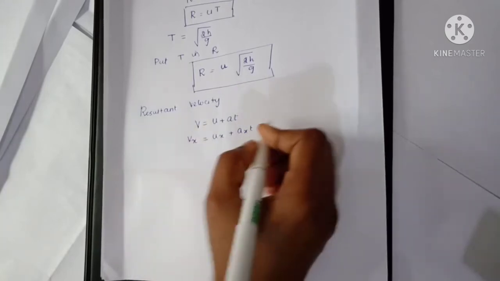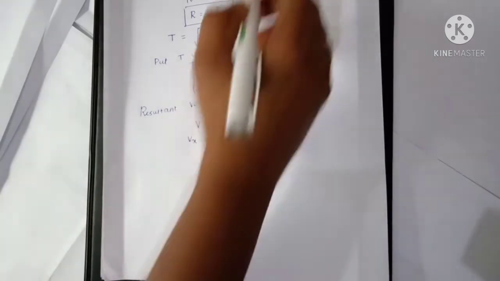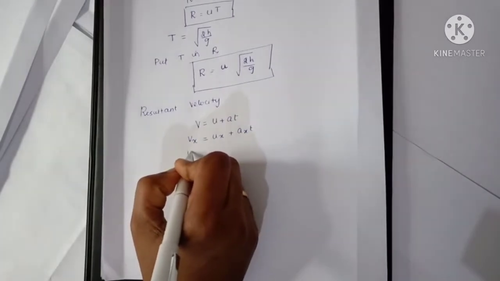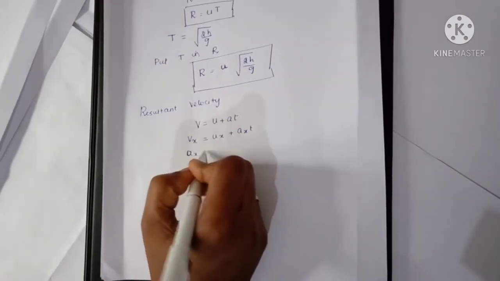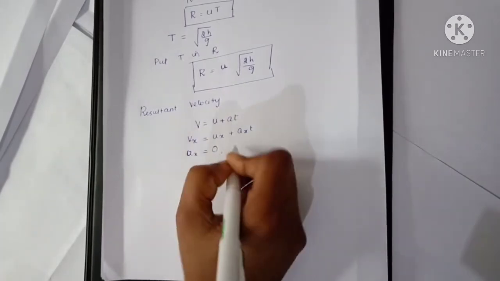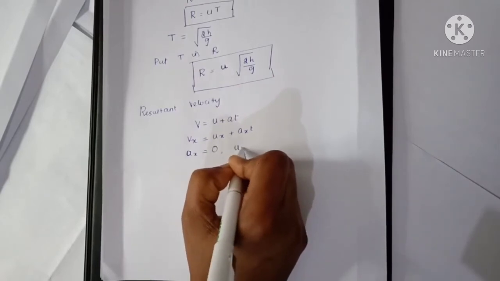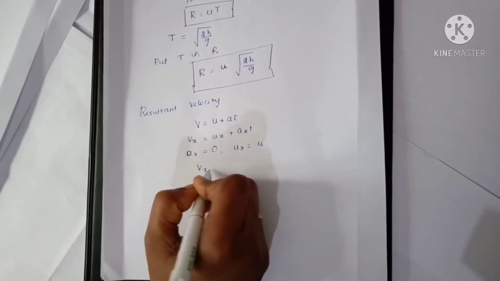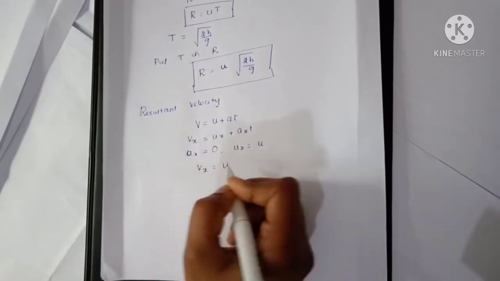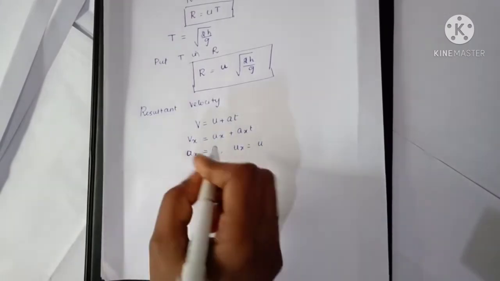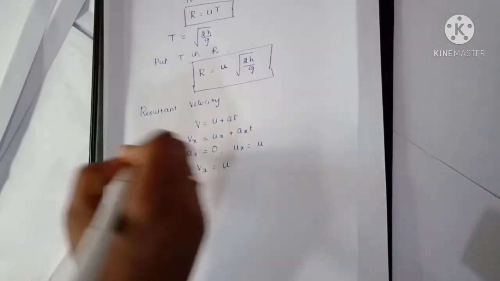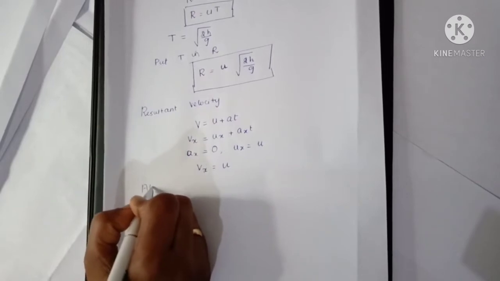Here there is no acceleration along the x axis, so ax is equal to 0, and we put ux equal to u. We will get vx equal to u, and this is the velocity along the x axis.